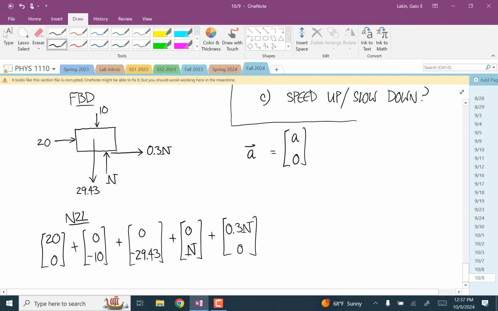And then you can count up to make sure that you got them all. We have 1, 2, 3, 4, 5 in the free body diagram, 5 in Newton's second law, so that's it. And then these are equal to the mass of the body, 3 kilograms, times what we figured out for the acceleration vector, A, 0.